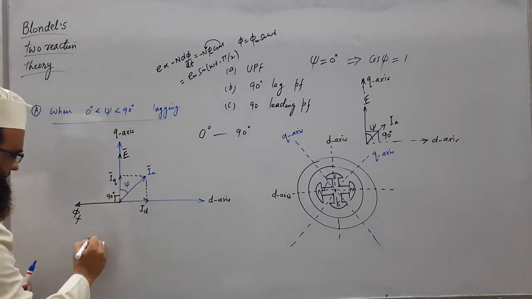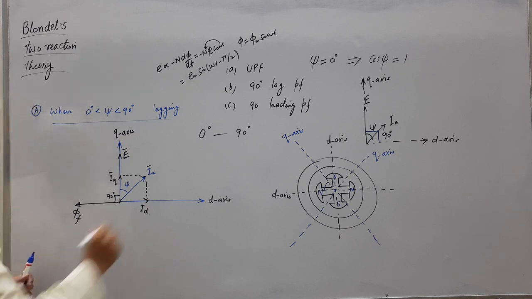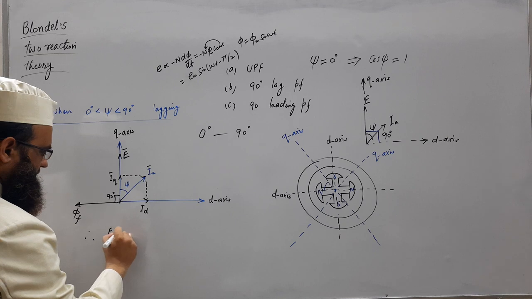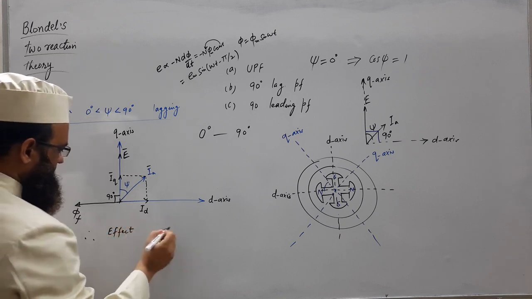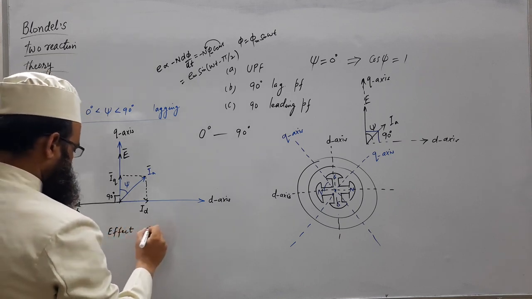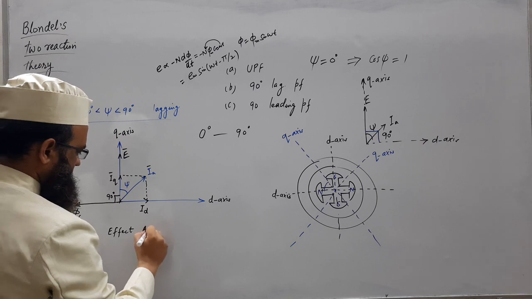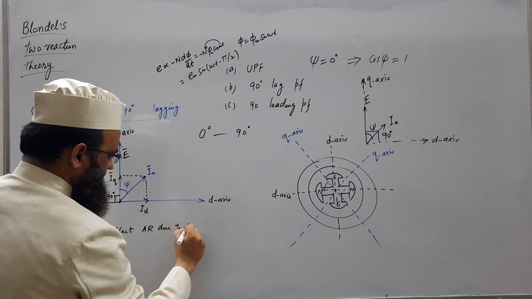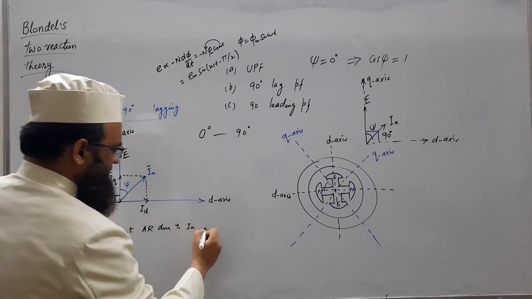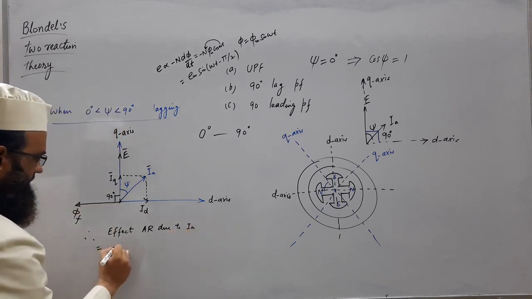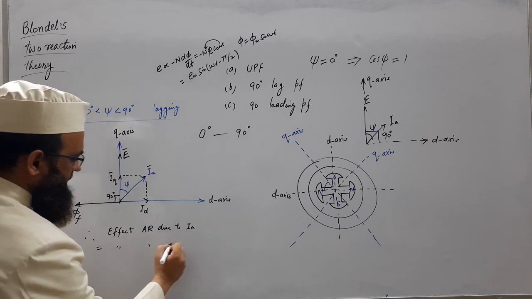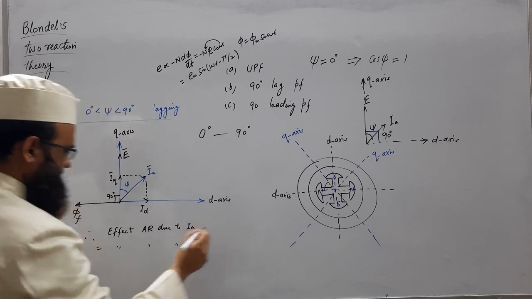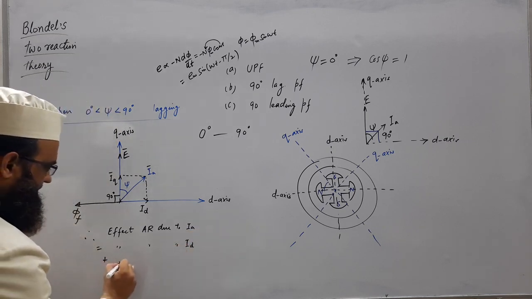Therefore, we may write the effect of armature reaction due to IA will be equal to the effect of armature reaction due to ID plus the effect of armature reaction due to IQ.